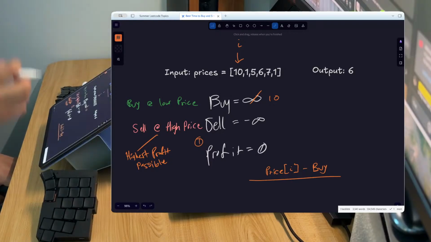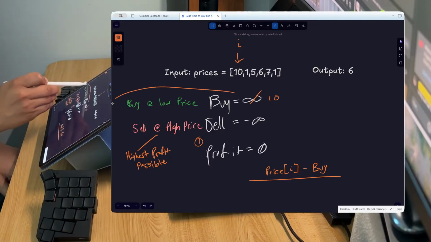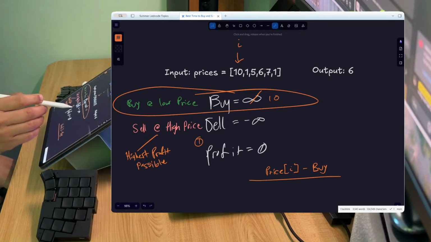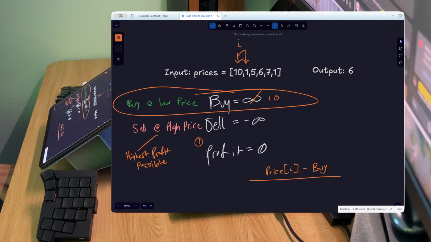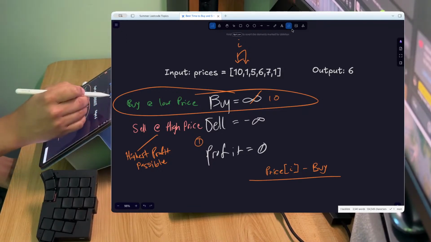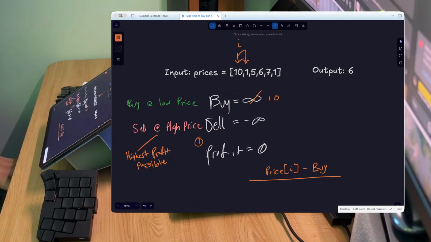Then okay, so every time we set the buy, we don't do anything else but continue iterating. So now we could go to 10. Sorry, we could go to 1.